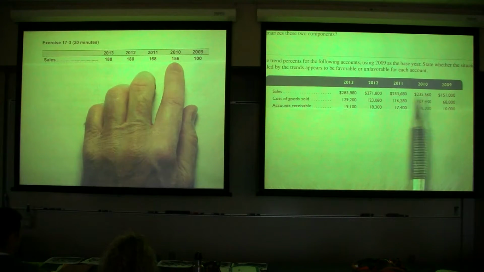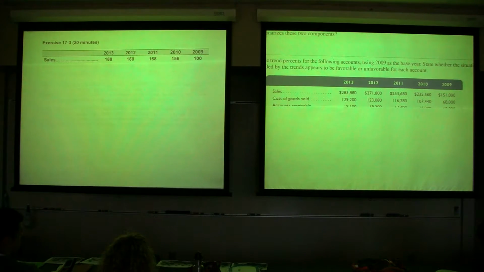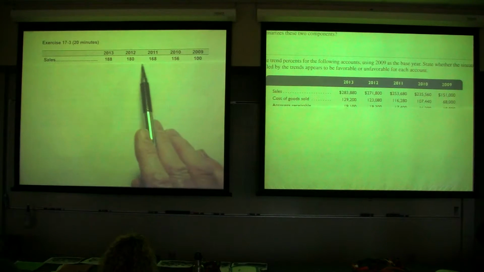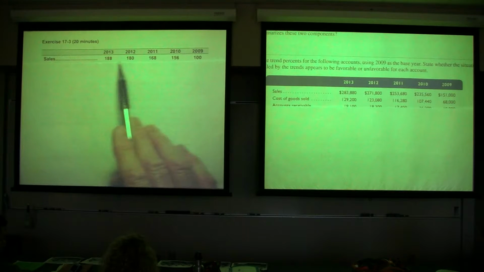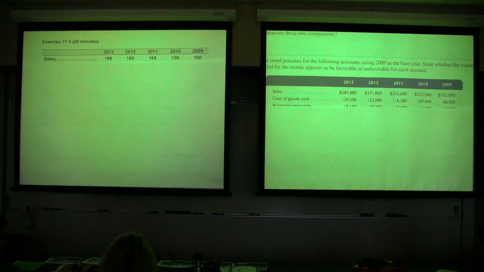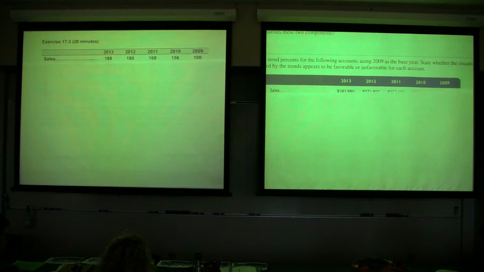In 2011, you put this number over that number, and it's 168%. So what it shows is that each year, for the first couple of years, it got more profitable, and then it leveled off for the last 2 years. And it's the year over the base year, times 100%.